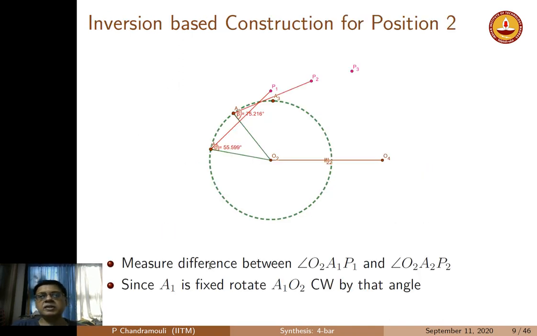All right, so I have drawn this schematically here. So how do you construct it? The idea is, from the previous scenario, I have the original position O2 A1 P1. So this is the line that we had.